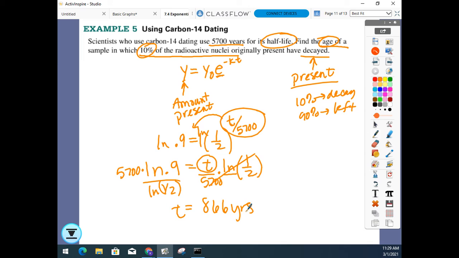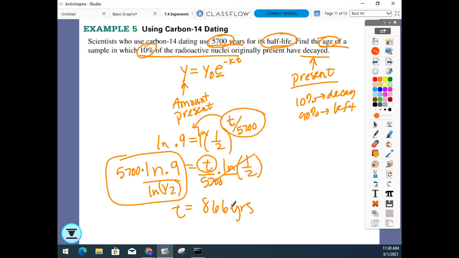Plugging all of this into your calculator should be approximately 866 years. So if you think about this, it takes 5,700 years to get to half of it. Does it make sense that if we're losing 10%, it only takes 866 years? So if you get some weird wacko number, it needs to be less than the half-life. Okay?